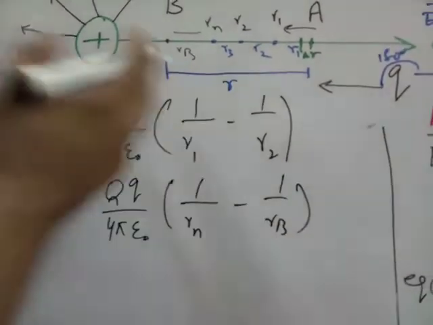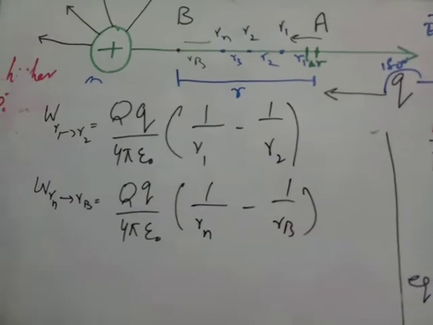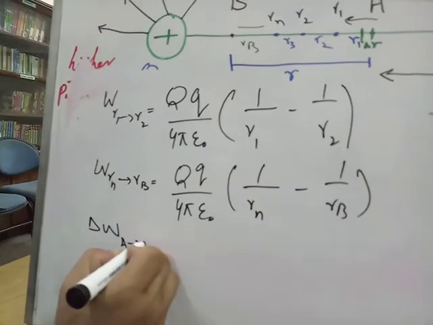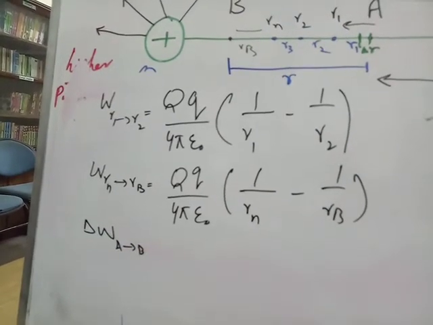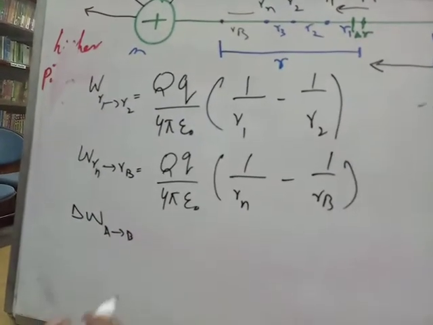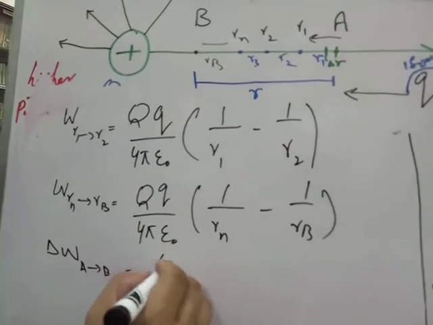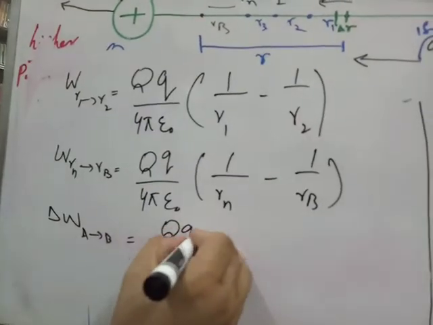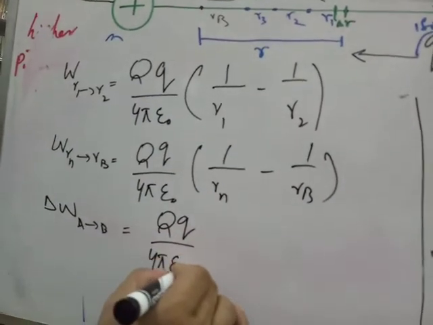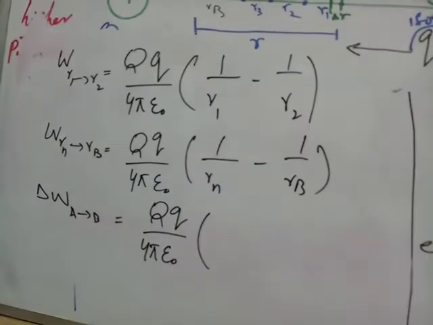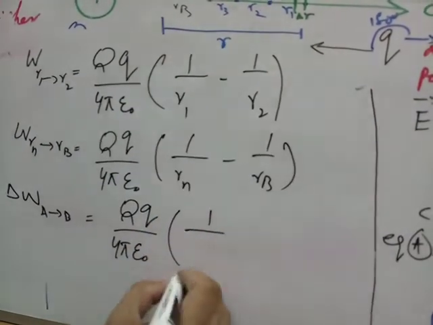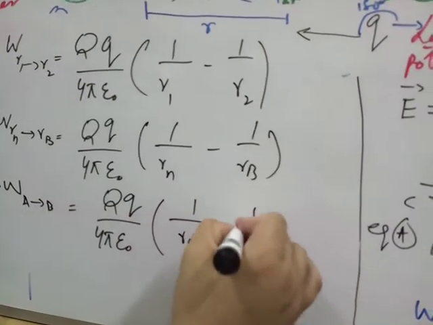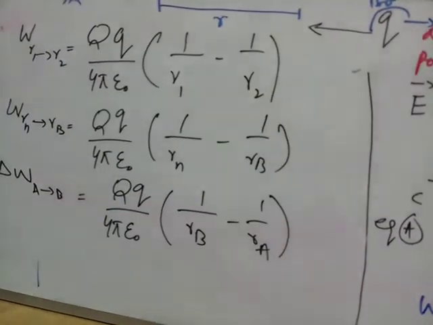So we add up all these works done, and we get the total work from A to B. I sum up all these equations, so we get the answer. The addition of all these is equal to, I just summarize and will also explain in detail in class, 1 over Rb minus 1 over RA. This is in general.